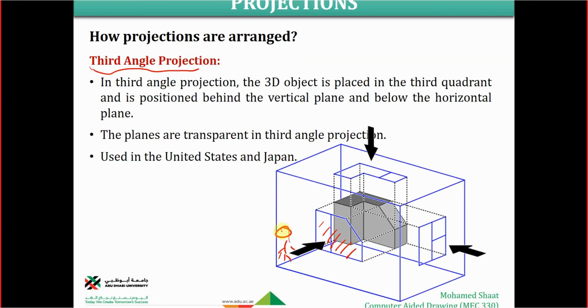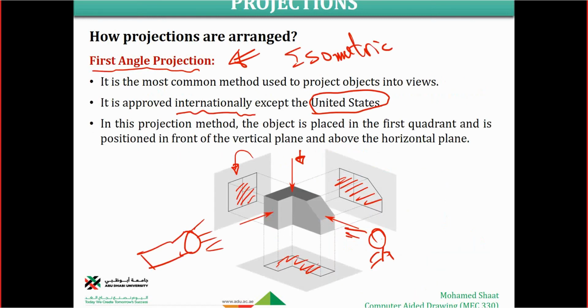Here it's like you're taking a picture, and you receive the picture on your side, on your cell phone. The same thing if you look at it from the top. Okay, this is the big difference between the third angle projection and the first angle projection.